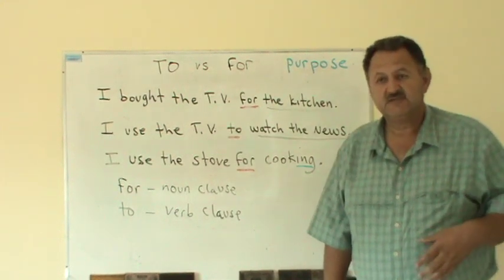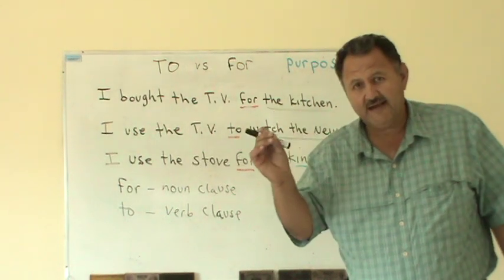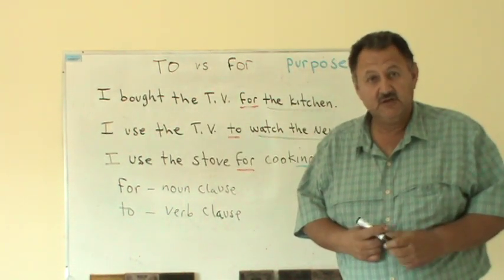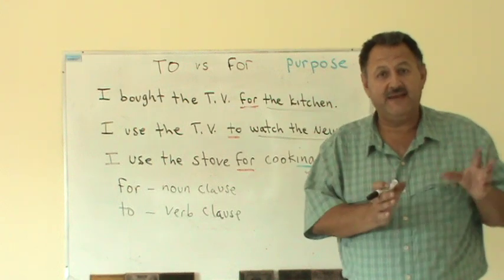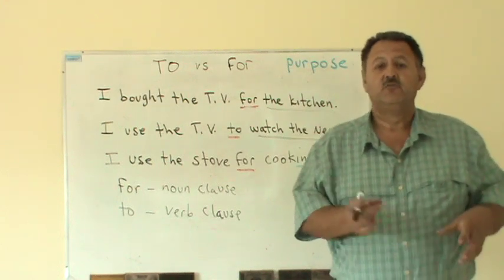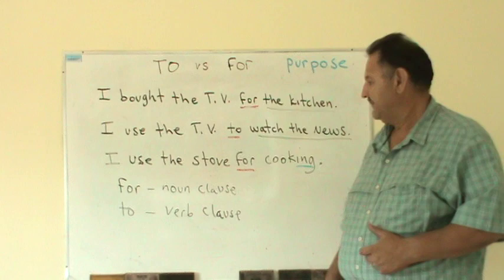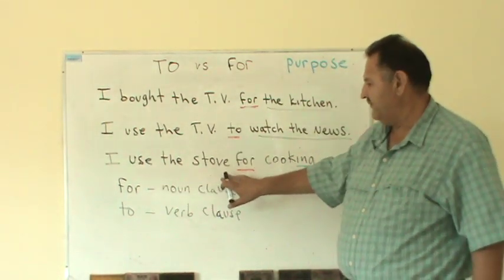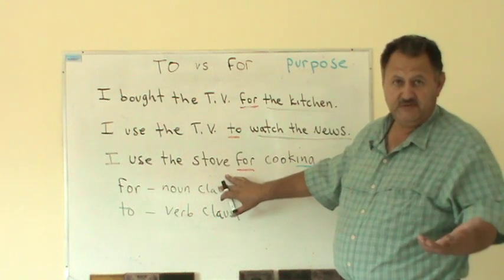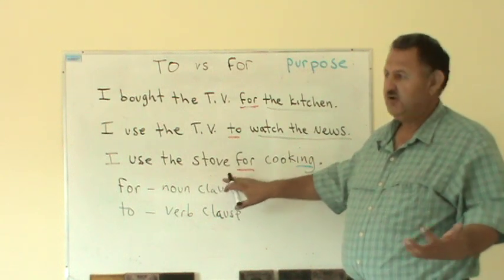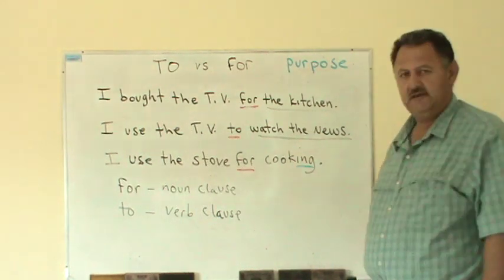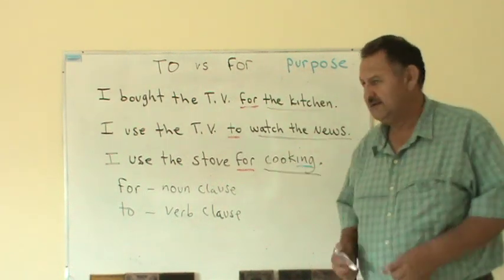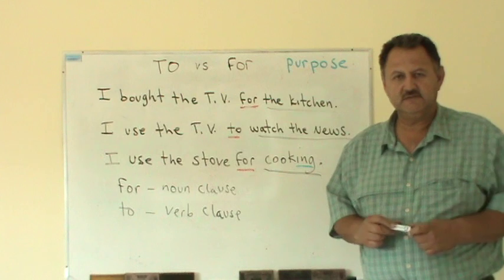Sometimes, some verbs, we add "ing" and they become nouns. So when they become nouns, we use "for". Here's an example. I use the stove. What's the purpose of using the stove? For cooking. Now, the word cooking is not an action.